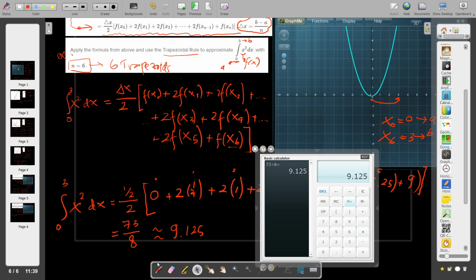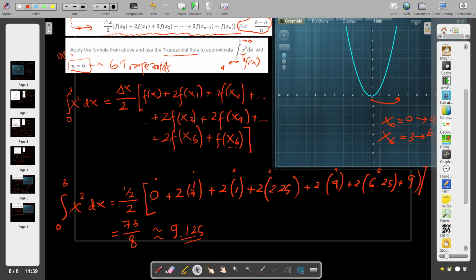So using the numerical method, we can find the value of this integral. Thank you for your attention. We are going to the next topic.